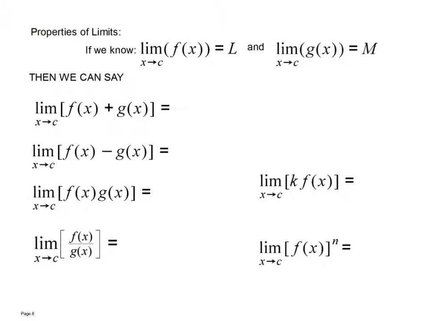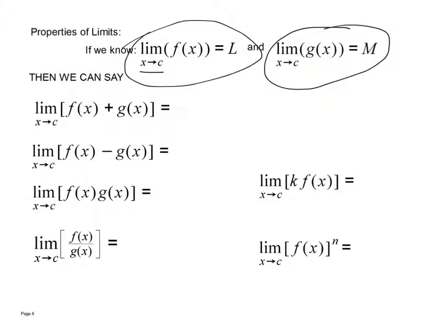But this is the technical definition of them. If you have a limit for your f, and as x goes to c, you're going to L, you know that the limit is L. And if you have another function, g, and at c, it's going to m, and you add those two functions together, you can do each one individually and add them together, and you still get the same answer.